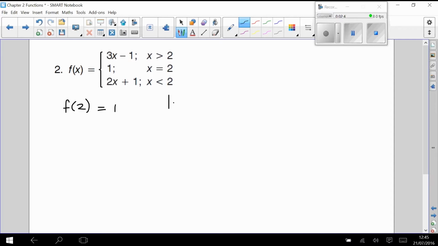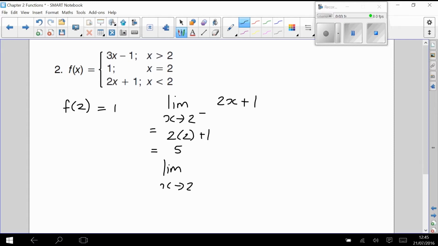Looking first of all at the limit as x tends towards 2 from the left, I'm going to substitute into 2x plus 1. The limit as x tends towards 2 from the left is going to be 2 times 2 plus 1. In other words, I reach a height of 5. And now doing the same as x tends towards 2, but from the right. Substituting into 3x minus 1, I'm going to get 3 times 2 minus 1.